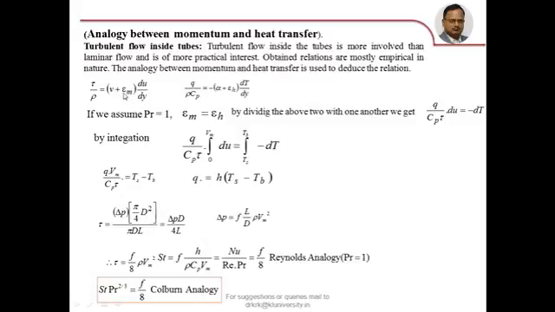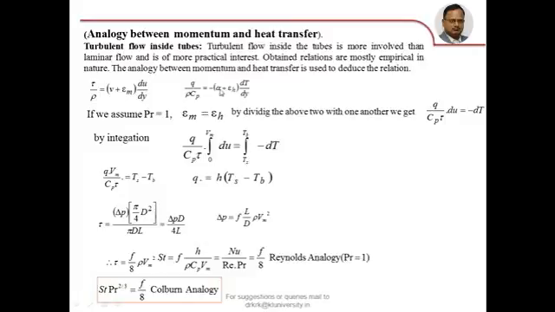So in the equation tau equal to mu du/dy, or nu rho du/dy, in addition to the momentum diffusivity we add the eddy diffusivity of momentum, and the expression is written as tau by rho is equal to nu plus epsilon m times du by dy.